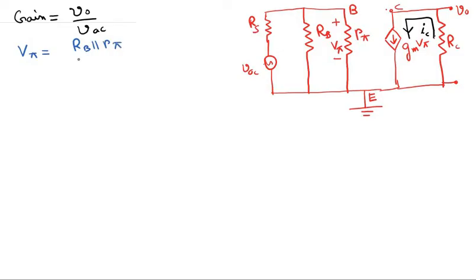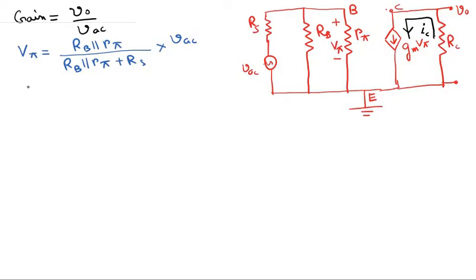So this is very simple to understand, I am not explaining it anymore, divided by RB parallel to R pi plus RS. So this parallel combination of resistor RB and R pi is basically lying in series with this resistor RS over here, into VAC. Okay, now we have this expression for V pi.